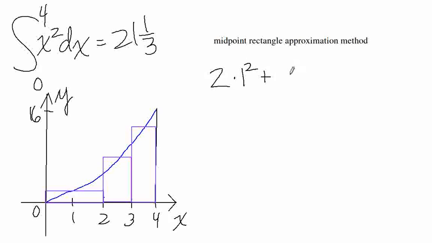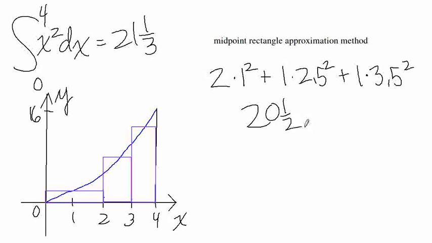The middle purple rectangle has a width of 1, and the height corresponds to the number in between 2 and 3, the square of that number. So I'm going to use 2.5 squared. And then for the rightmost rectangle, it has a width of 1, and the height corresponds to the square of the number in between 3 and 4. So I'm going to use 3.5 squared. And then with the calculator, you can see that this is equal to 20.5. Okay?